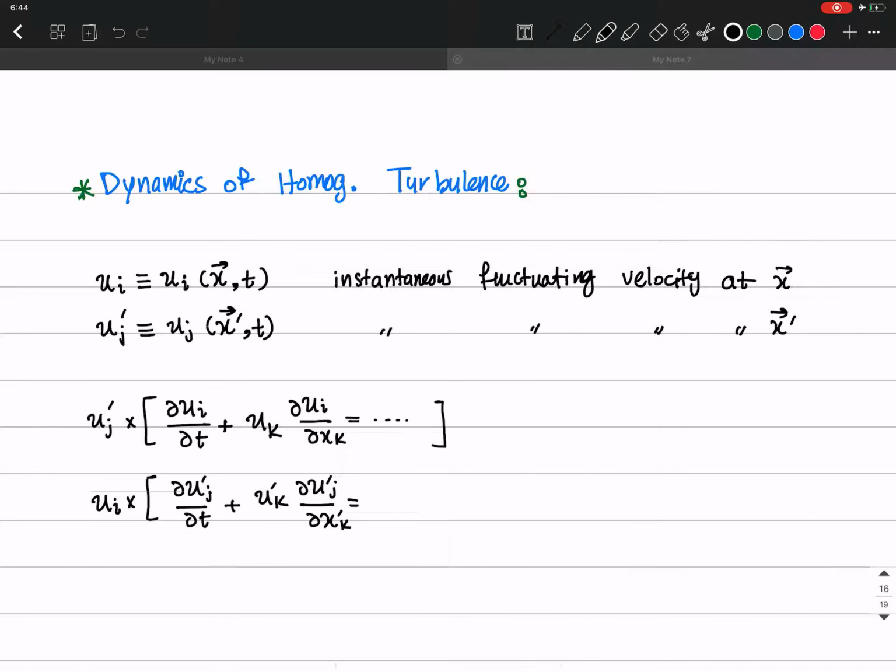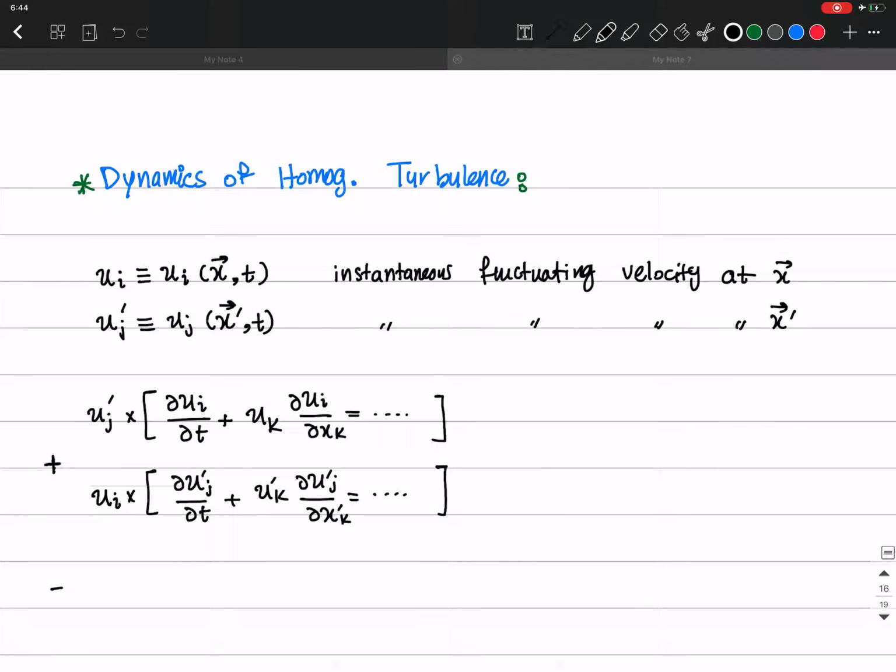All of these are u prime. This equals the right hand side again. So I multiply ui by this equation and uj prime by the other equation, and then I sum them up to get a new equation.